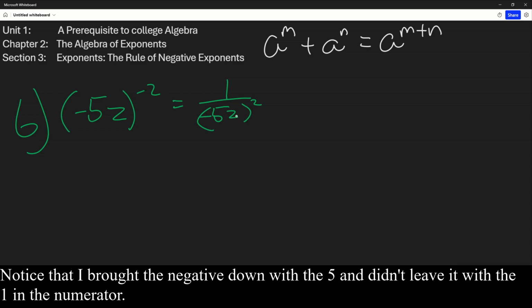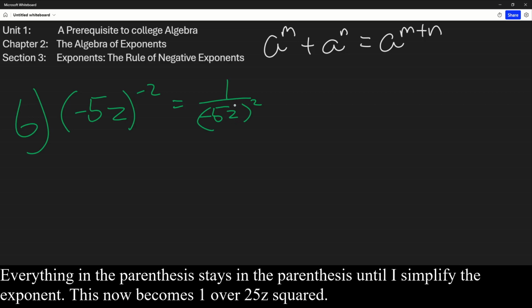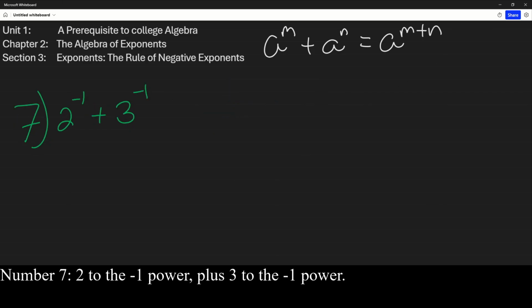Notice that I brought the negative down with the 5 and didn't leave it with the 1 in the numerator. Everything in the parentheses stays in the parentheses until I simplify the exponent. This now becomes 1 over 25z squared.